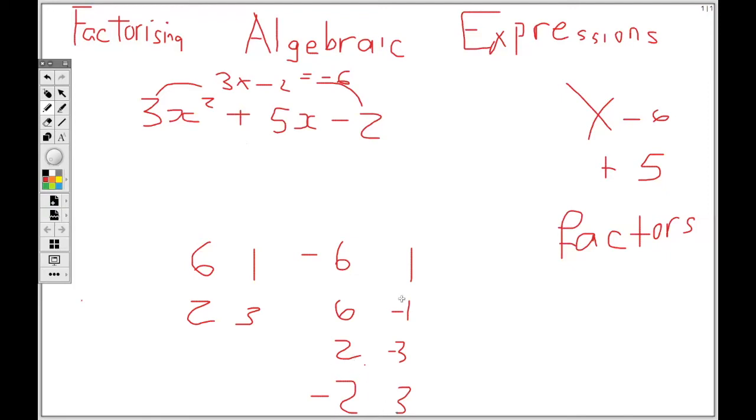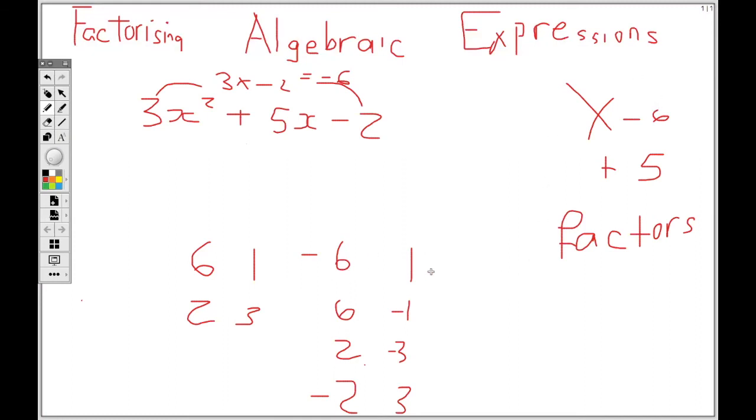So looking at this, we have negative 6 times 1, that gives a negative 6. 6 times negative 1, negative 6. 2 times negative 3, that's negative 6. And negative 2 times 3, negative 6. So all combinations will give us negative 6. But which one will add to give you positive 5?